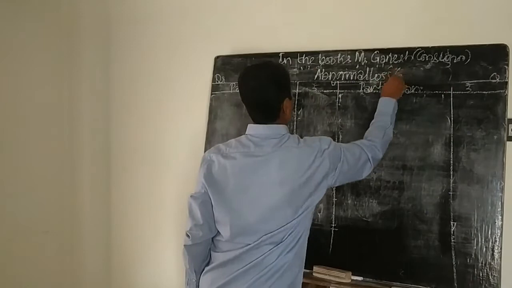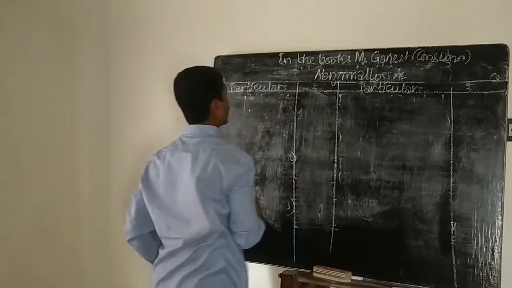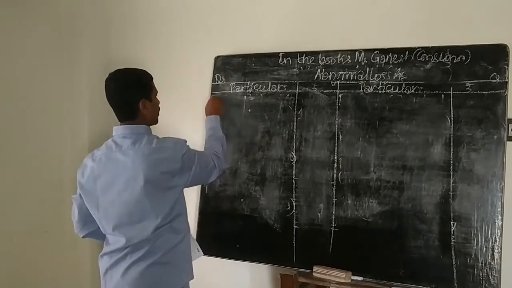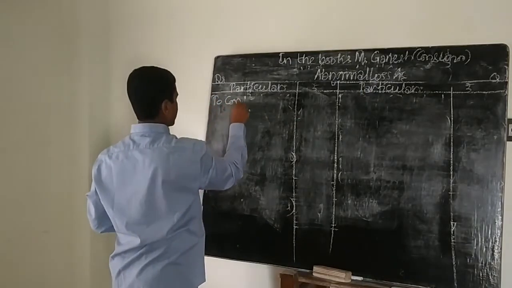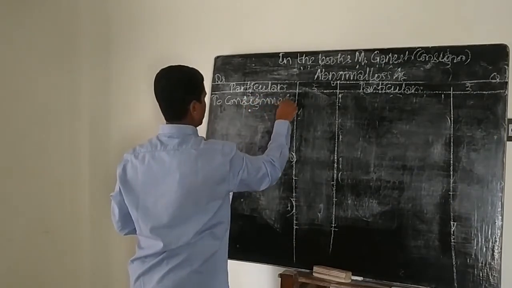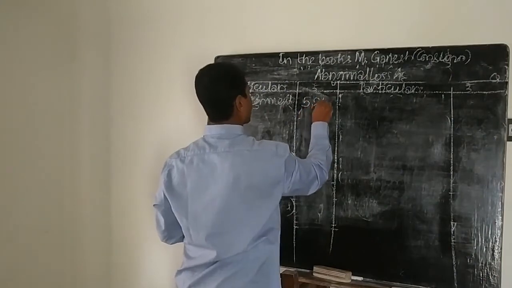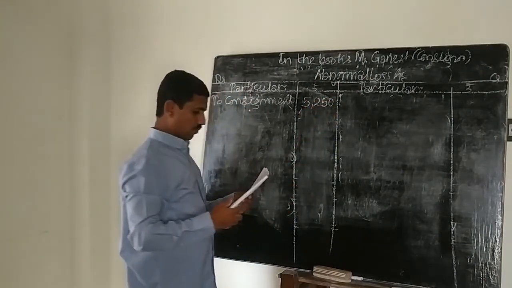Abnormal loss account, of course it is a nominal account in nature. So when there is abnormal loss, then it will be abnormal loss account debit to consignment account. So consignment account, it is 5,250 rupees is the loss.